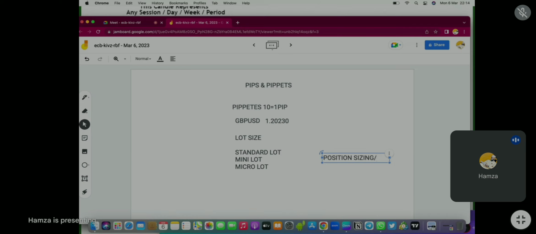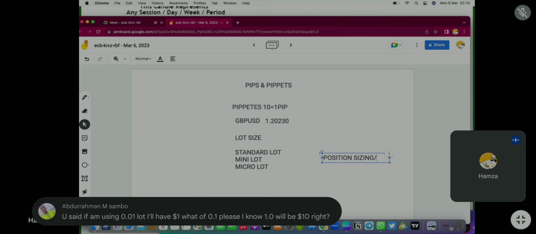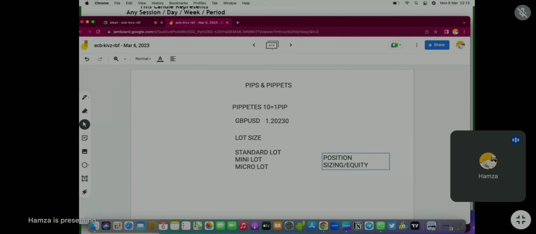When someone is using a private jet from Lagos to Abuja, someone would be using a car, and someone would be using a public transport vehicle. So there's sizing to it, there are levels to it. You need to know your equity, meaning your money.